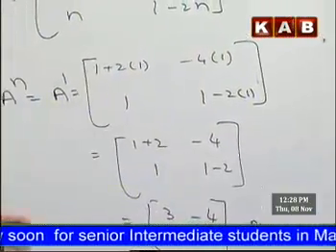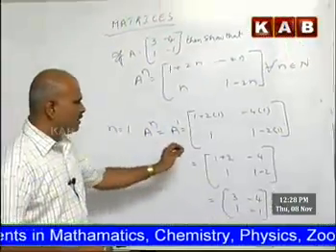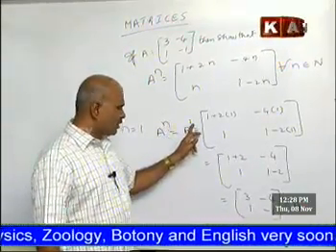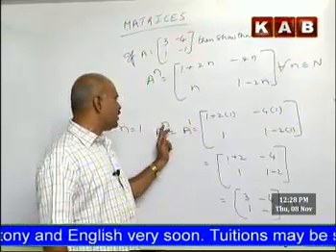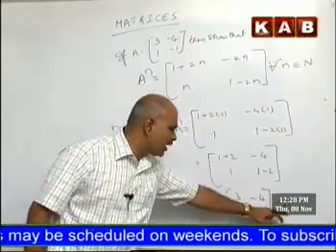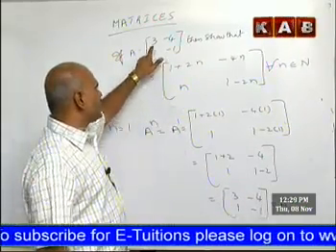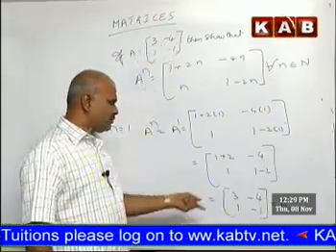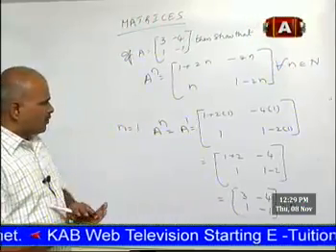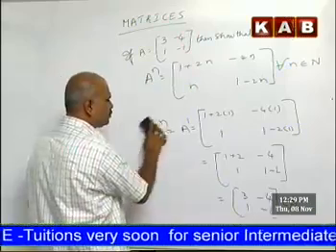So by the induction process, if n is 1, the statement is satisfied. Why? Because A power n is equal to A power 1 where n is equal to 1, and that is equivalent to A. A is already given as 3, minus 4, 1, minus 1, so it coincides with A. That's why we can say it is true for n is equal to 1.